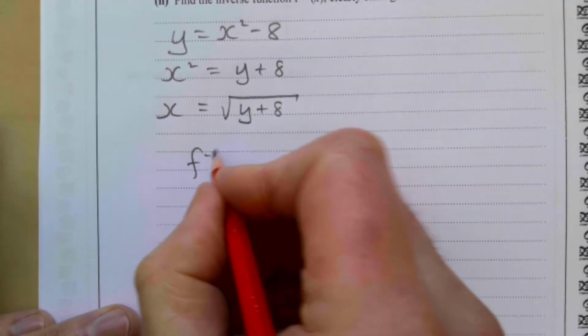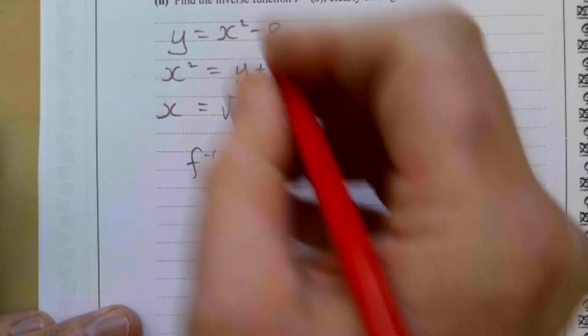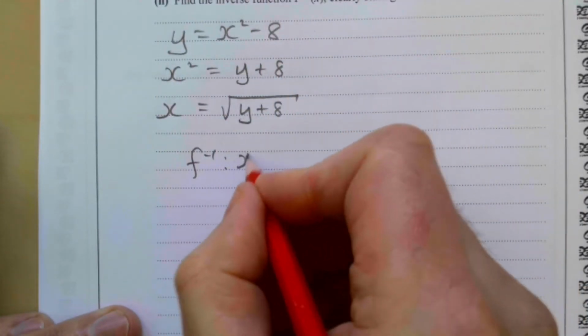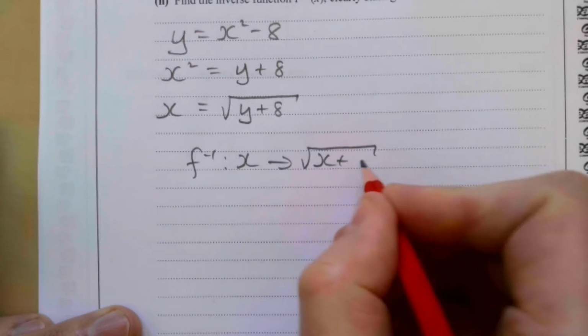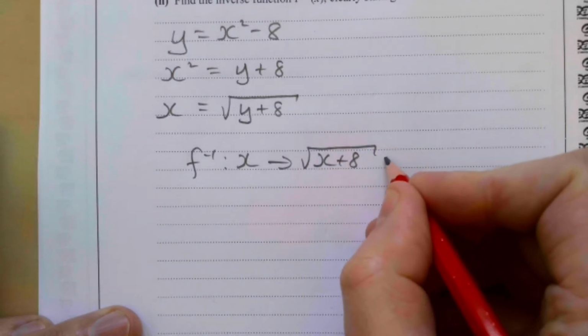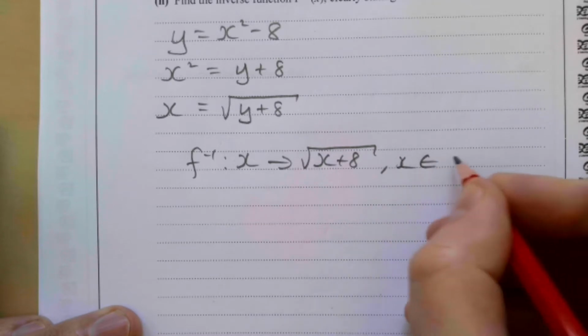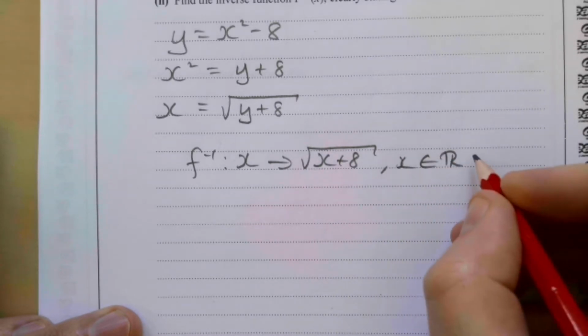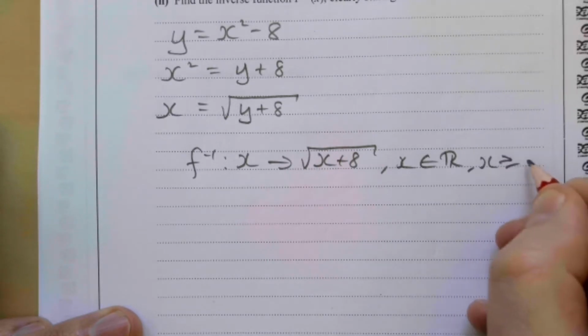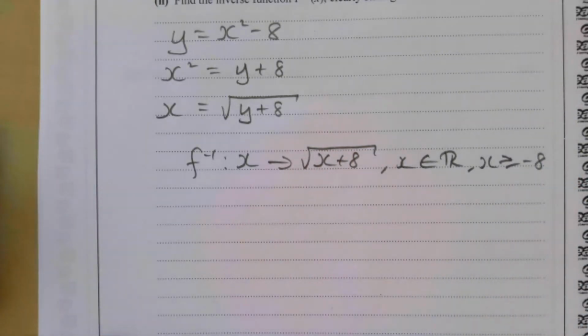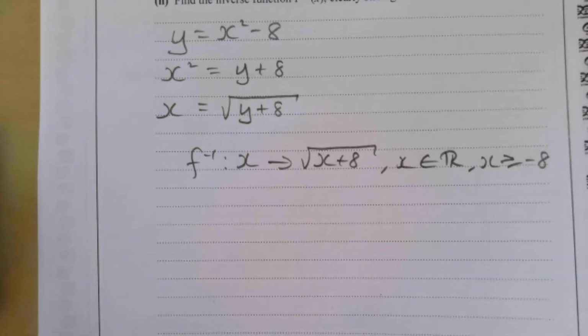That means our inverse function, written in the same format that they have up there, is f to the minus 1 of x equals the square root of x plus 8, where x is a member of the real numbers and x is greater than or equal to minus 8.